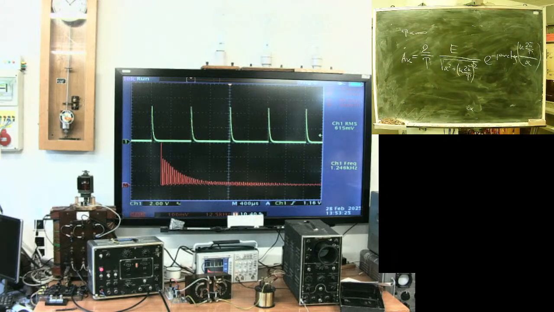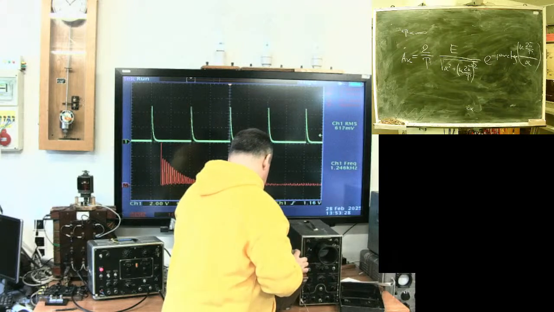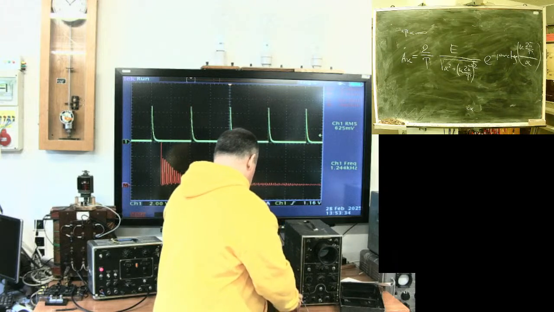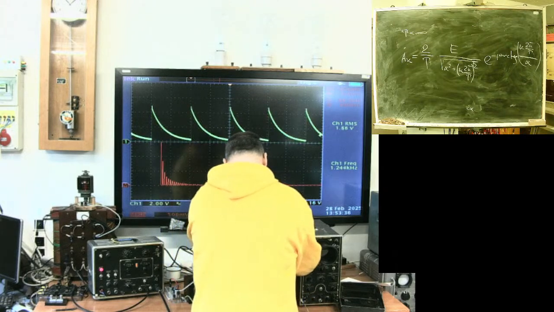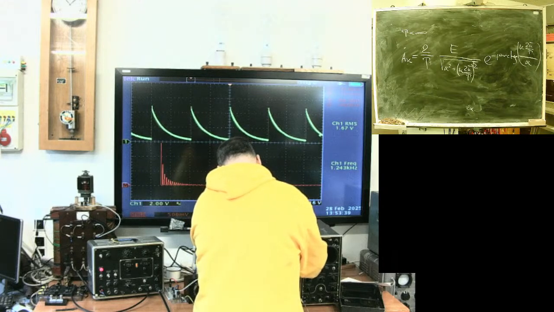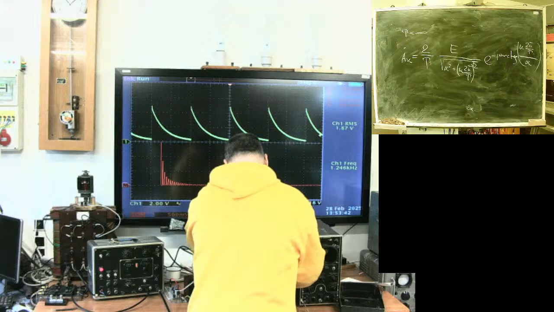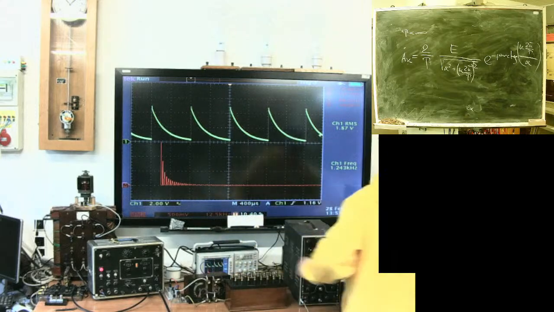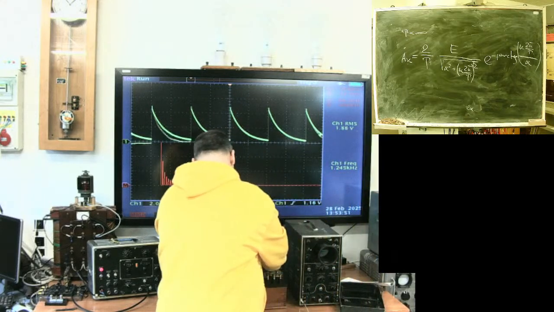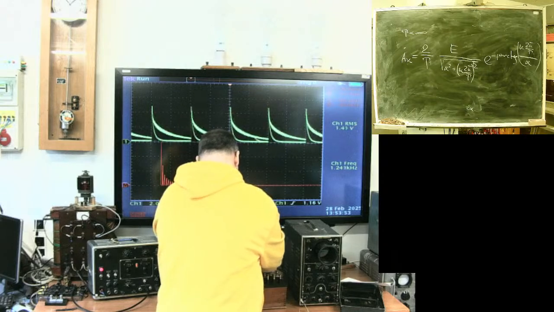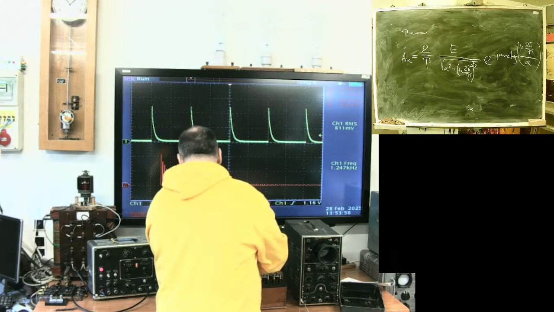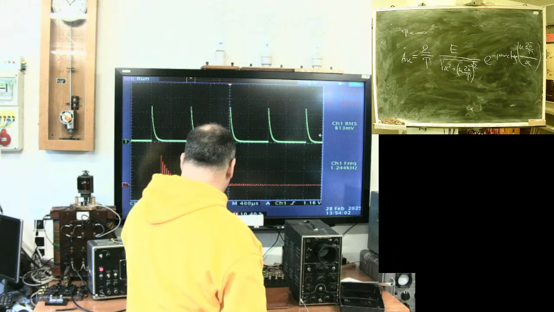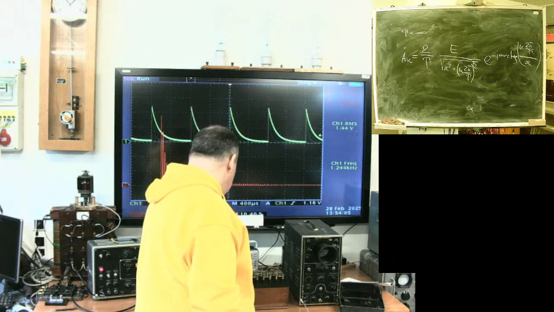I will connect it in series. Now resistance is 200 kilo ohms.